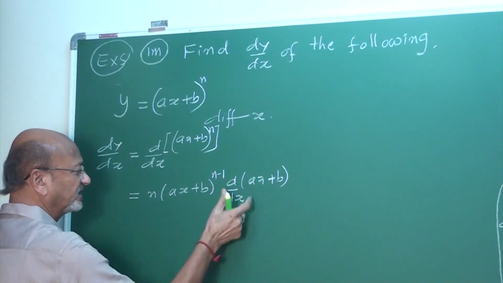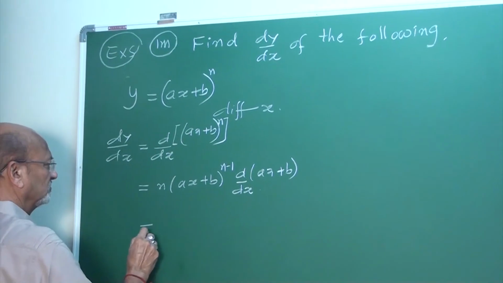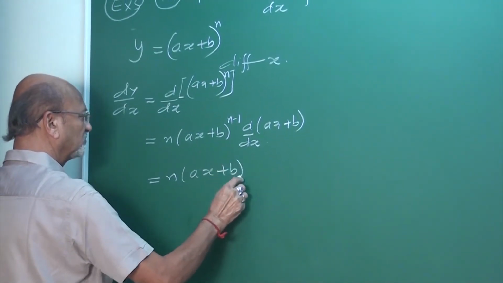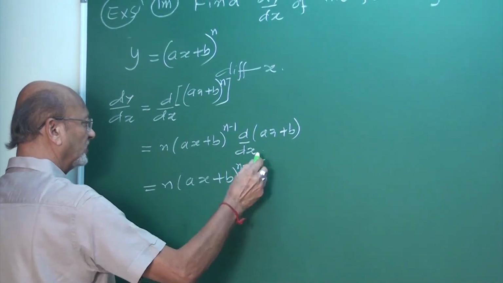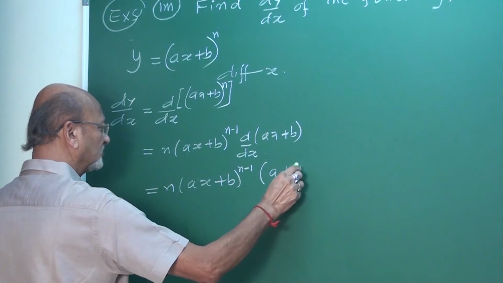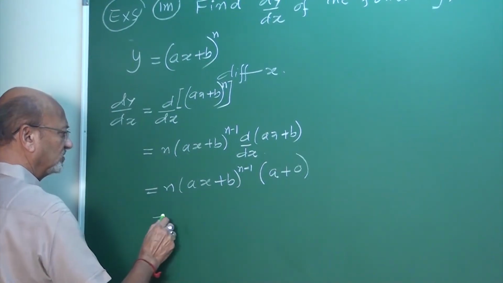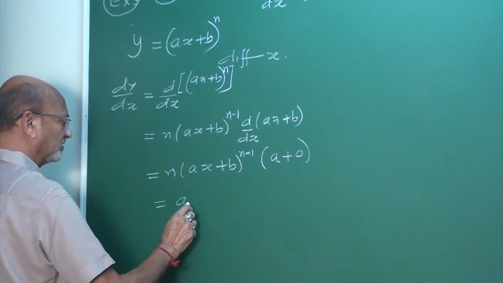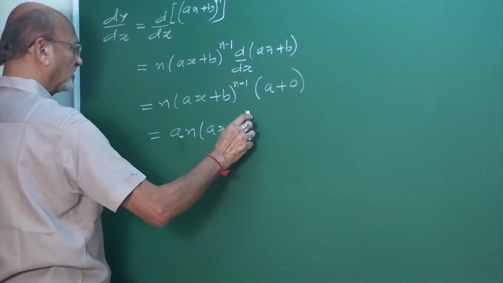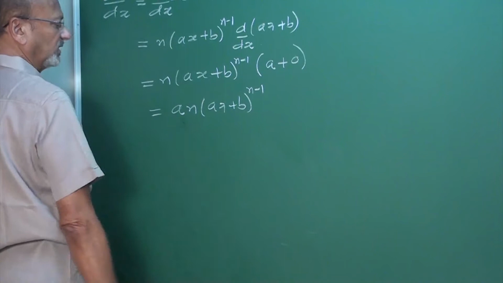Other than x, write its derivative. Equal to n into (ax + b) to the power n minus 1, into the derivative of ax + b, which is a, since b is constant here. So this is a into n into (ax + b) to the power n minus 1.